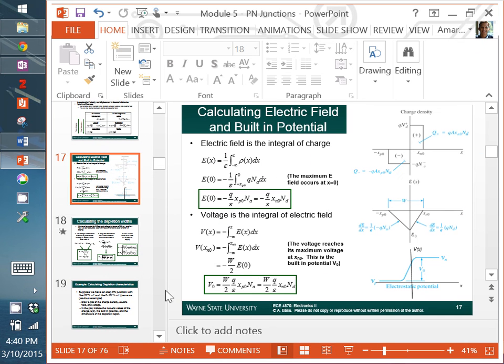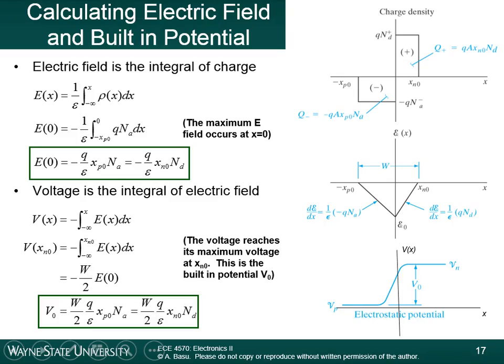But notice that the built-in potential here is in terms of the width of the junction, xp0, Na. So this time, we have a formula for the built-in potential in terms of the dimensions of the depletion region.